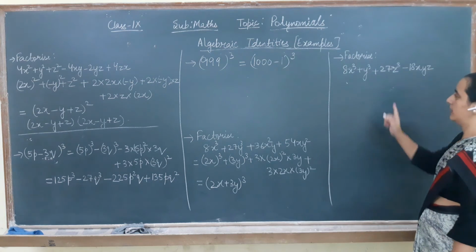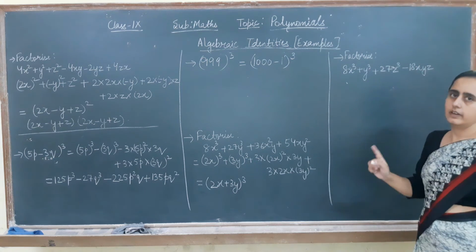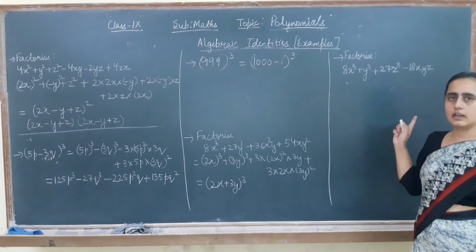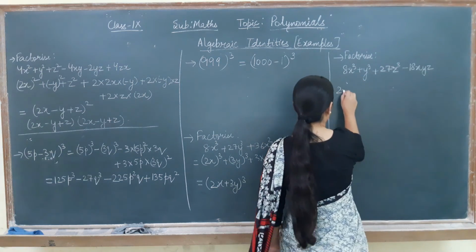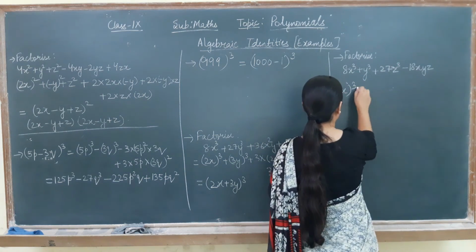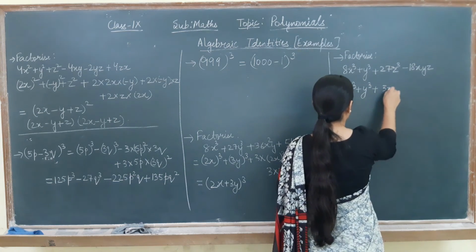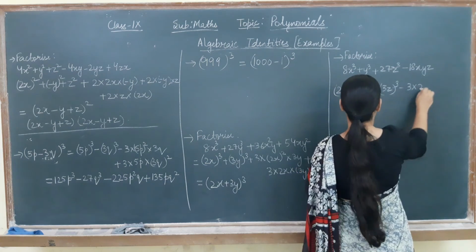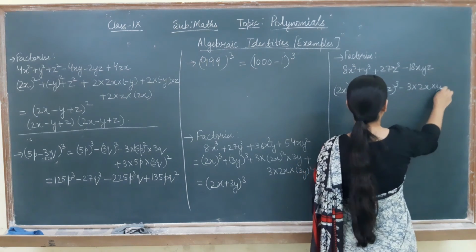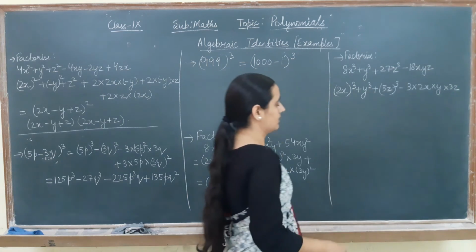Next type of question is x cube, y cube, z cube and xyz. Again, if you remember, this is the last identity we discussed. So firstly we'll convert it into that form: x cube plus y cube plus z cube minus 3xyz. Are we getting 18? Yes.